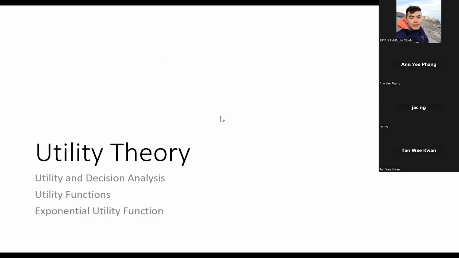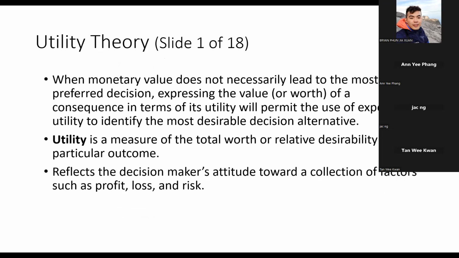Utility theory is about how, sometimes when we make decisions, we don't just look at monetary value or financial gain or financial return. Payoff is not just the financial return. We look into other factors like quality of life, sustainability, keeping the ecology.